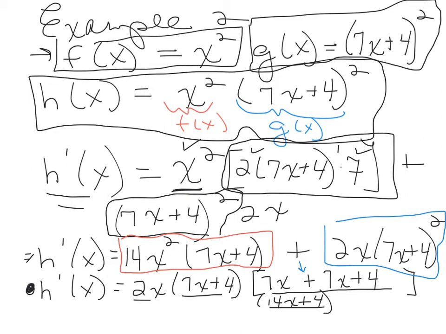Alright, so that's good, but we can combine what is in my black box right here. Let's combine these and we'll get 14x plus 4. So now I have my final answer: h prime of x equals 2x, parentheses, 7x plus 4, parentheses, 14x plus 4, done. So that's example 2 of the product rule.